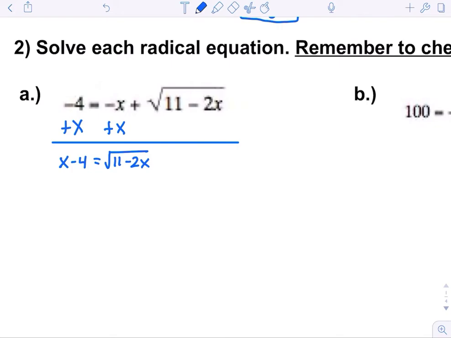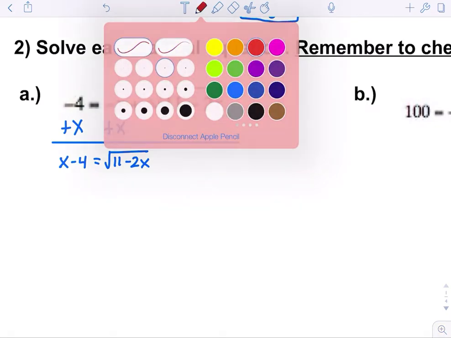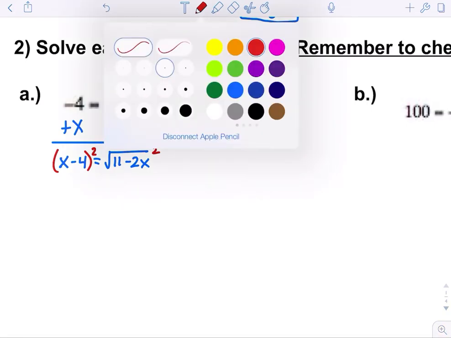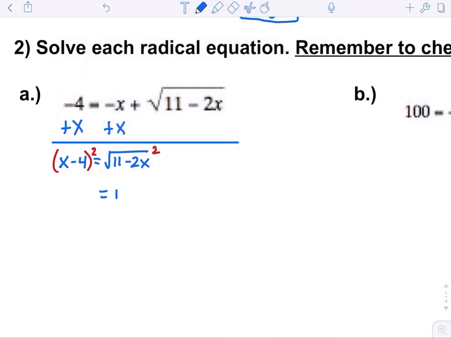Alright, so from this step, I can take both sides to the 2nd power. The reason I'm doing this is because if you take a square root to the 2nd power, they both cancel. So we're just going to get 11 minus 2x because the square root and the 2nd power cancel each other out.